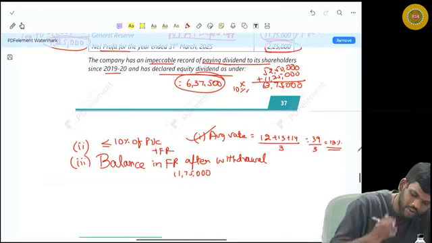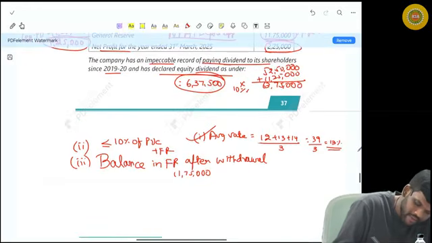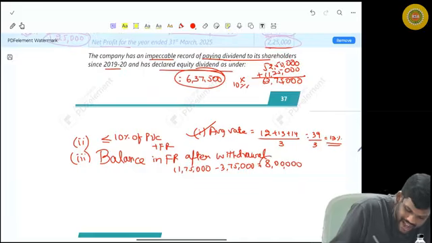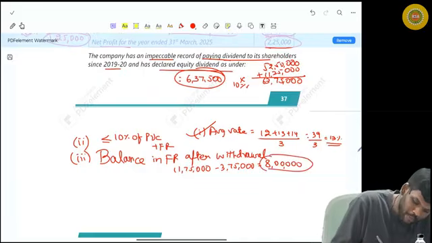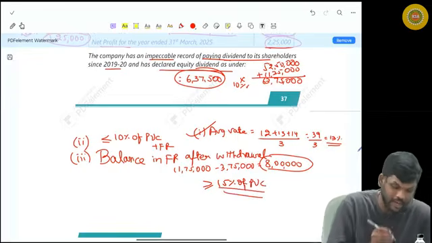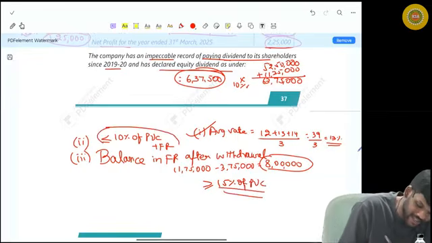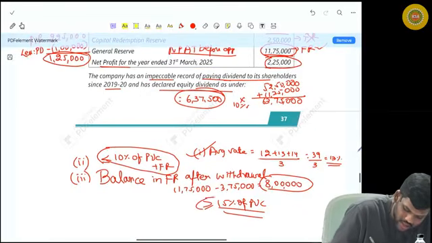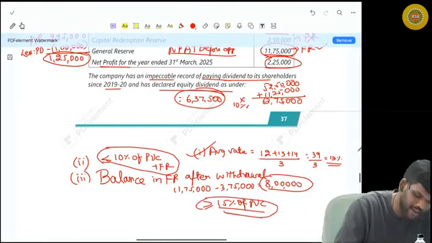After withdrawing this 3,75,000 from 11,75,000, how much balance reserves will we have? We will have 8 lakhs. This 8 lakhs should be more than or equal to 15 percent of paid up capital. Remember, the second condition is 10 percent of paid up capital plus free reserves. In the third condition, it is only 15 percent of paid up capital.